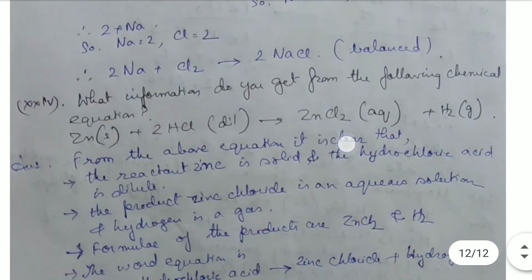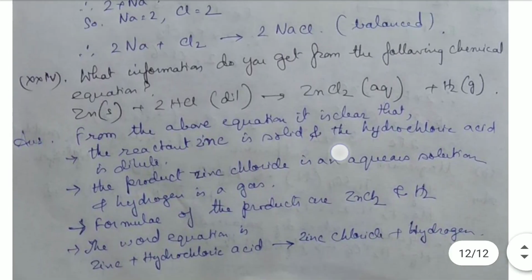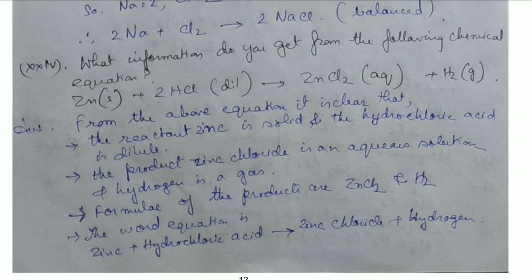Okay. Now, one more question is left, that is, what information do we get from the following chemical equation? Zn(s) + 2HCl (dilute) gives us ZnCl2(aq) + H2(g).